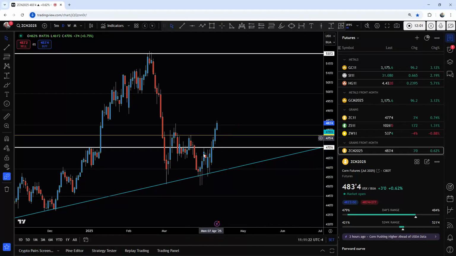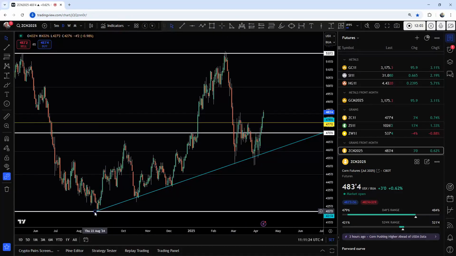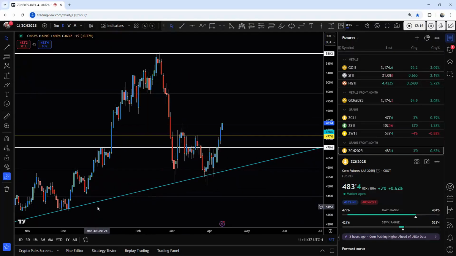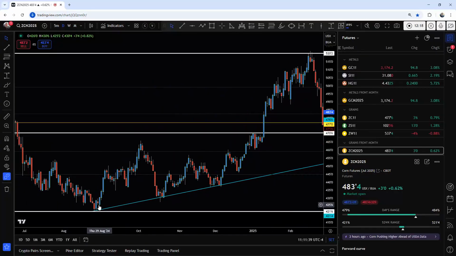I was looking at the corn market, and I had drawn my three-bar trend line back here in August. At first it was sloping upwards, but then it pulled back, and then finally I found the three bars that connected: one, two here, and then the third one was here.